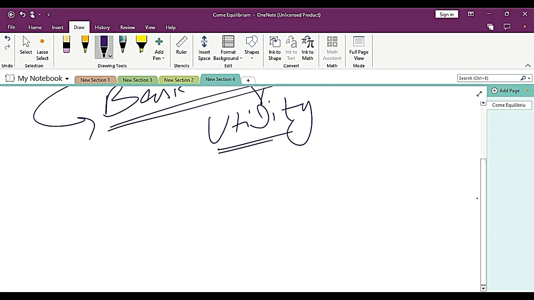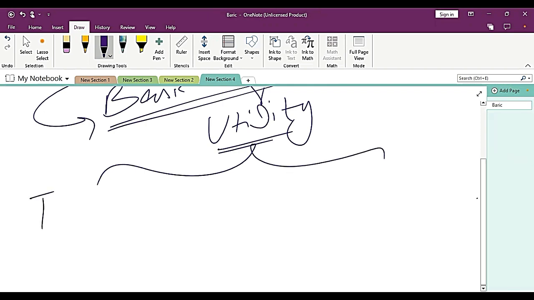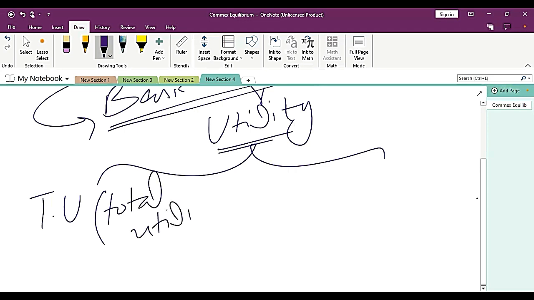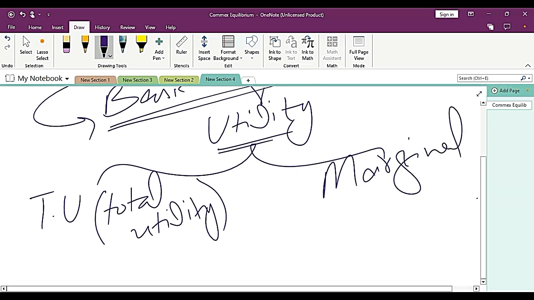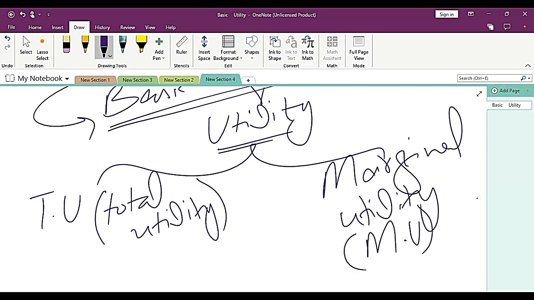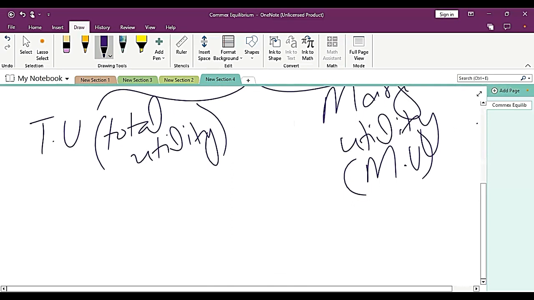The first is total utility and the other very important one is marginal utility, also represented as MU. What are both of them?